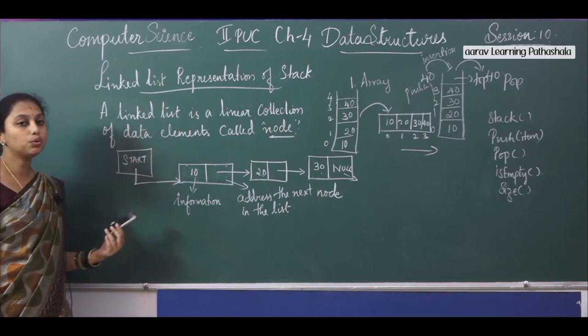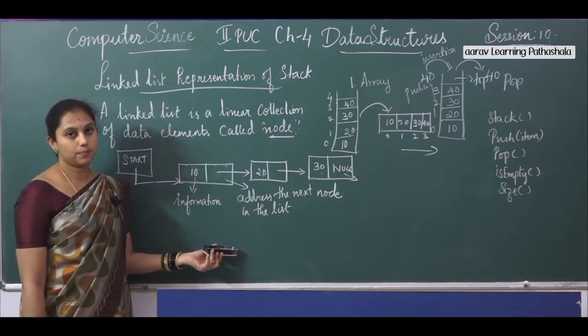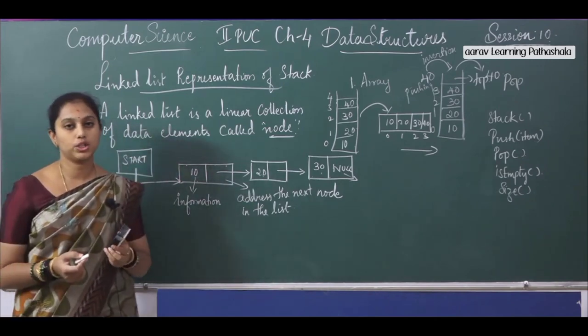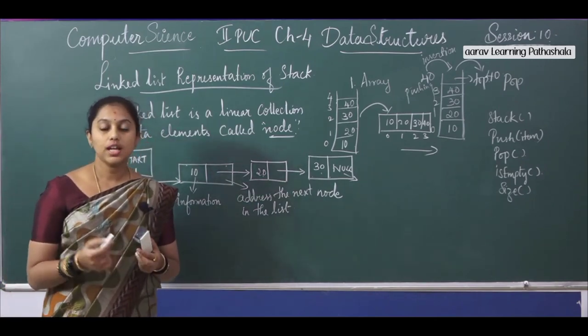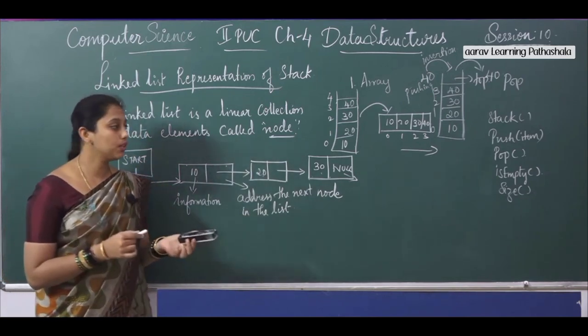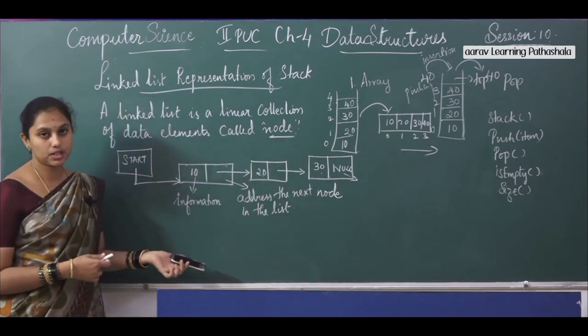Now let's see how to insert an element into the linked list. So insertion operation. So what is insertion operation? Insertion operation refers to inserting an element into the node. So how to insert an element?